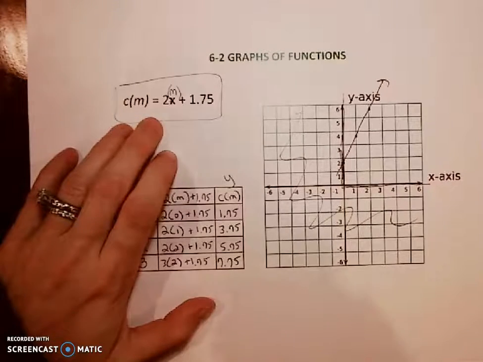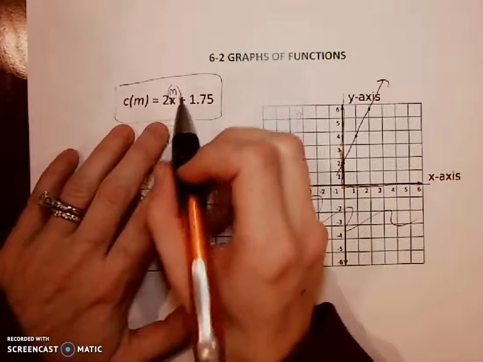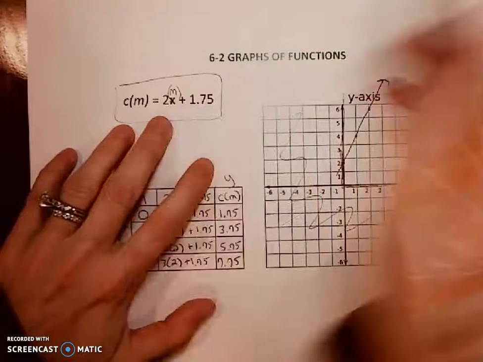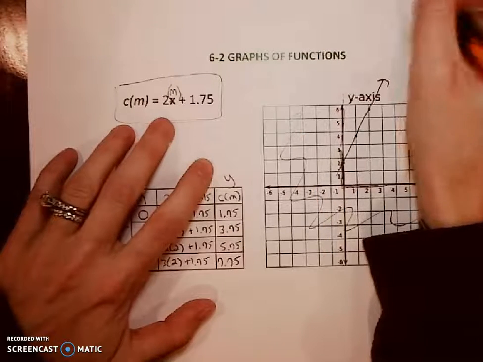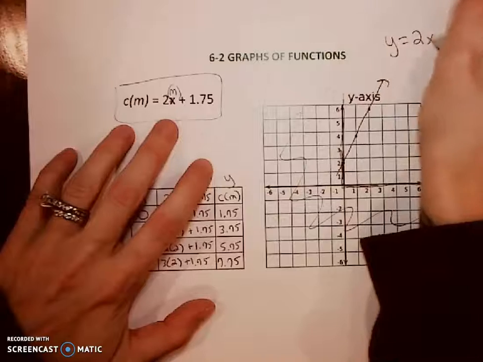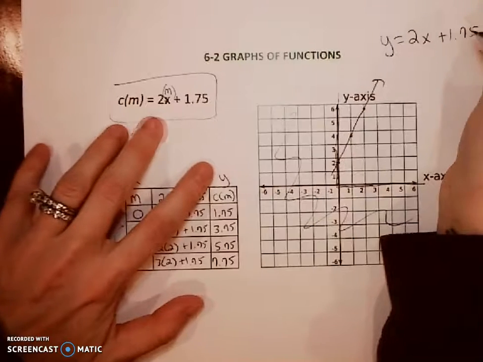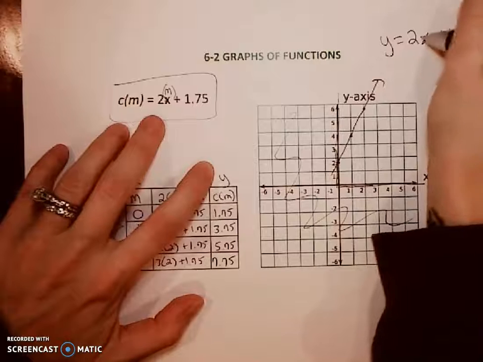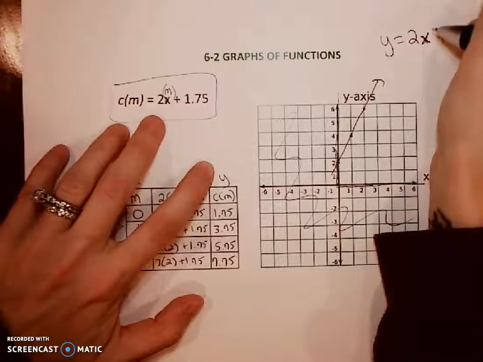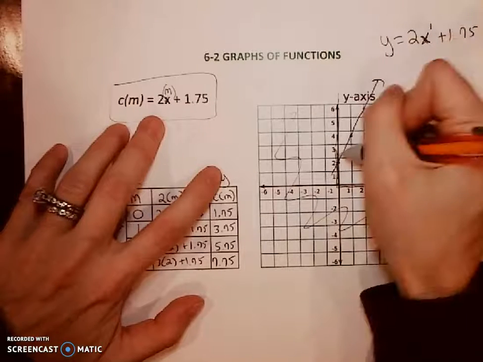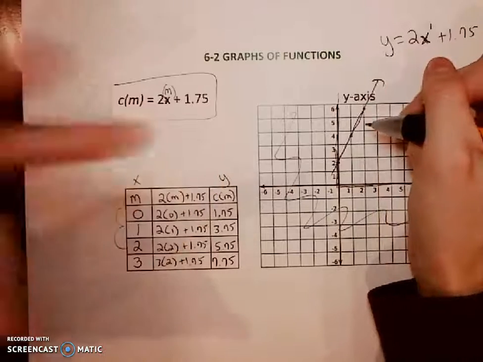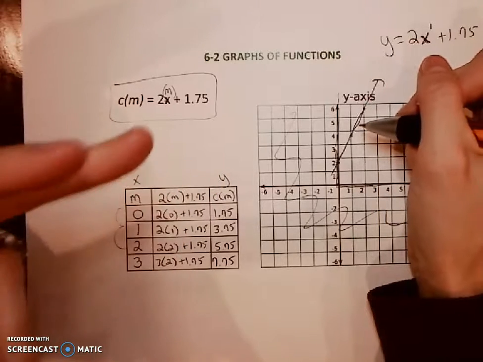All right. Oh, and one more thing. We're talking about, this says what? 2 times m. So remember we said whenever you have, say, x or m, whatever, say this were 2x plus $1.75. Okay, we're talking about linear functions here, you guys. I told you that, right? When this is a single x, meaning it's just x to the first, automatically this is going to form a line, and you have to have 2 points to form a line always.